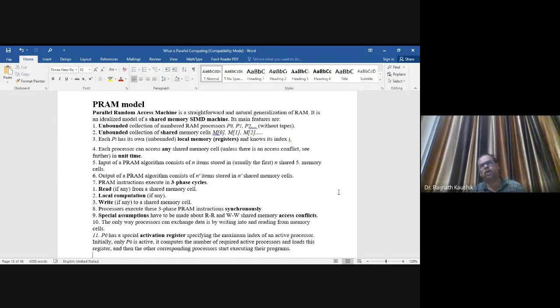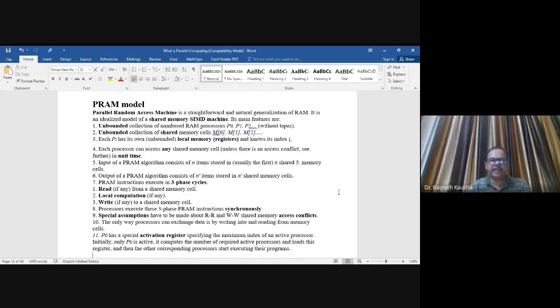It depends on how many processors are required to solve a particular complex problem. When we come to the PRAM algorithm examples, we will see how many processors are required to solve a particular problem and how this differs from one problem to another.